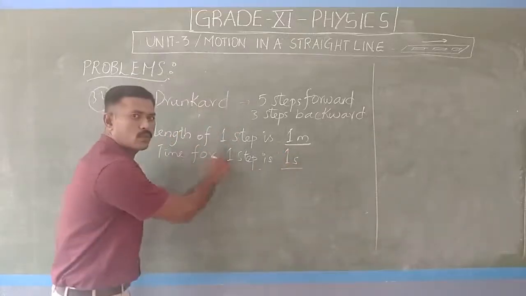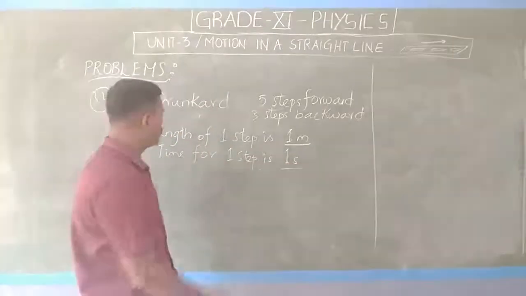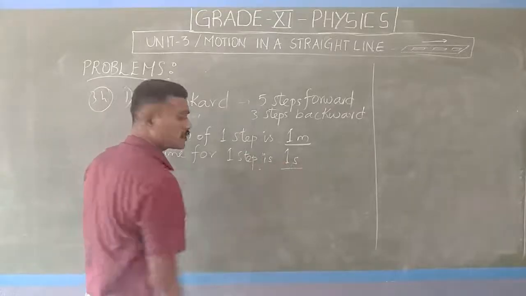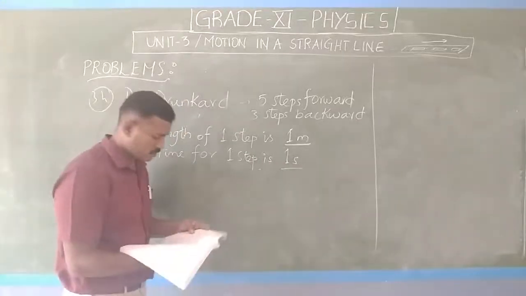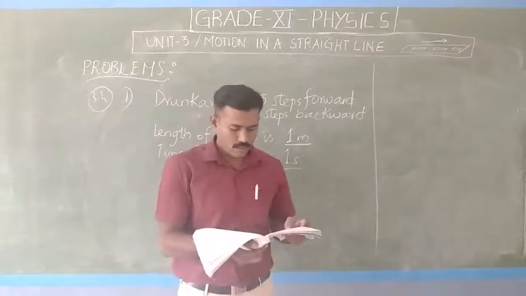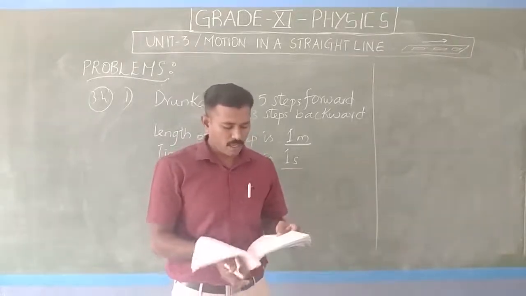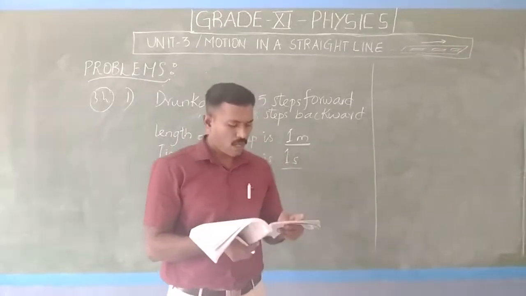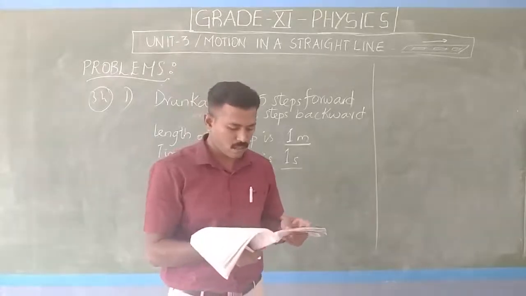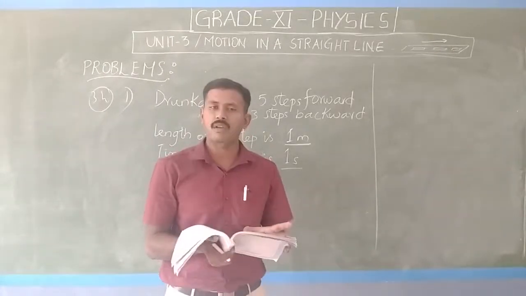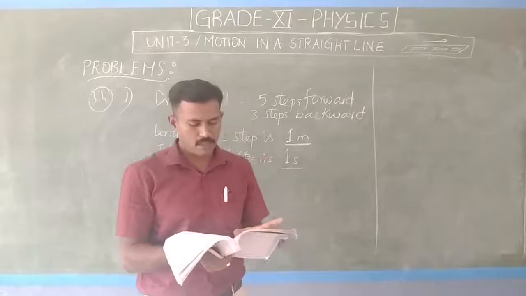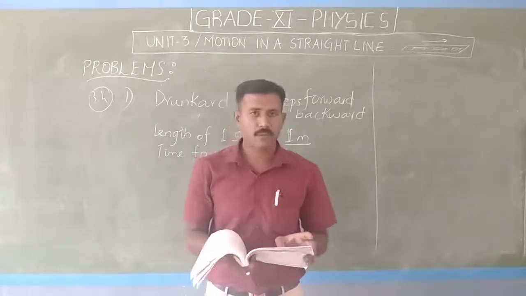So the length of 1 step is 1 meter, and the time for 1 step is 1 second. Then determine graphically and otherwise how long the drunkard takes to fall into a pit 30 meters away from the start.